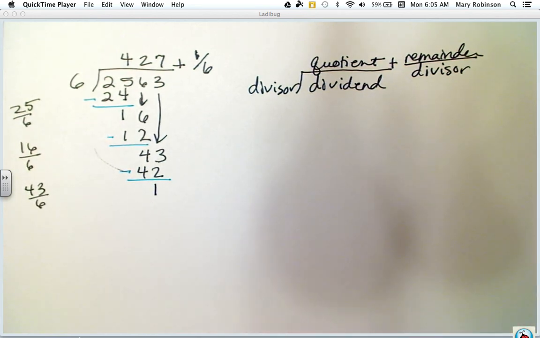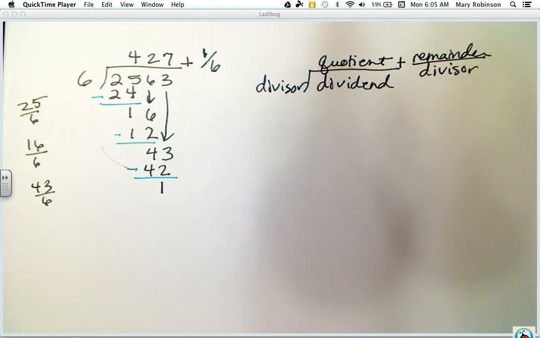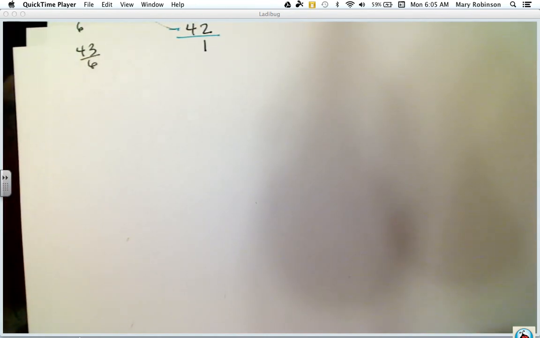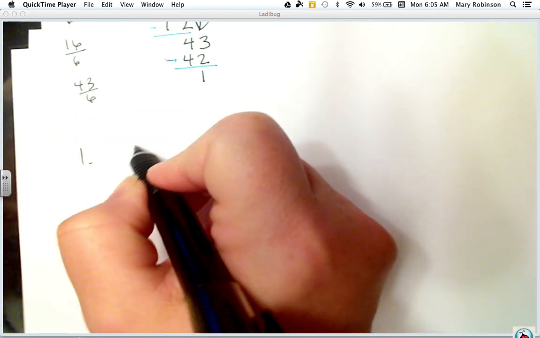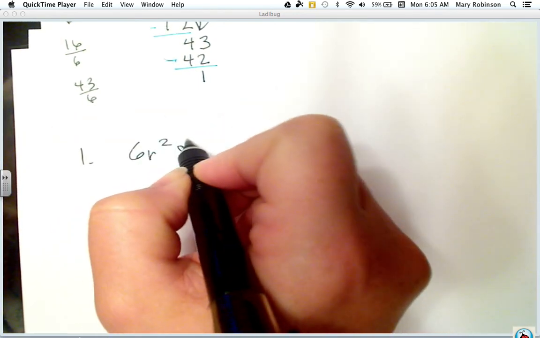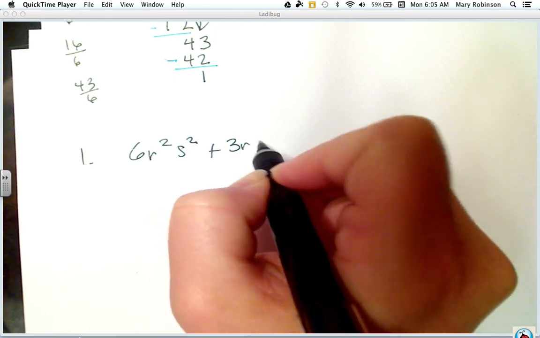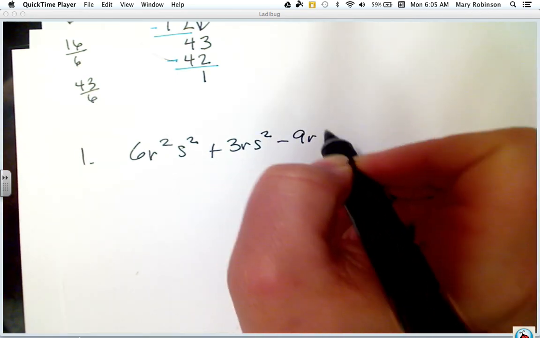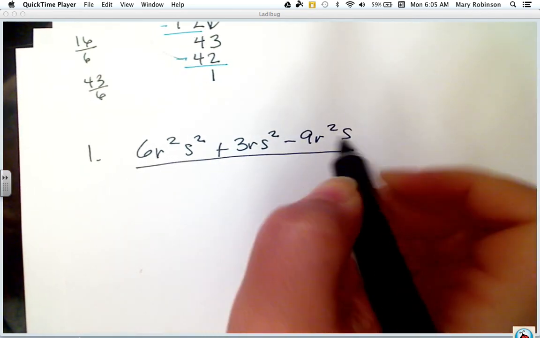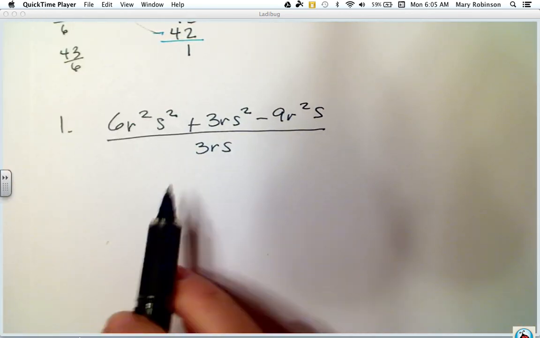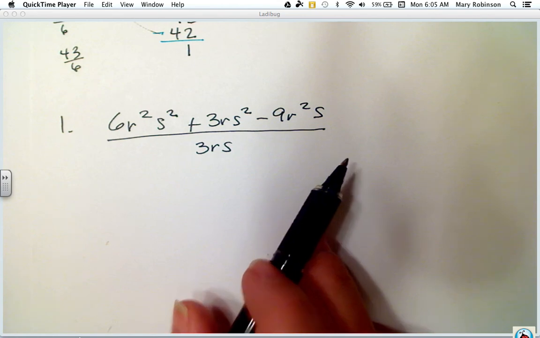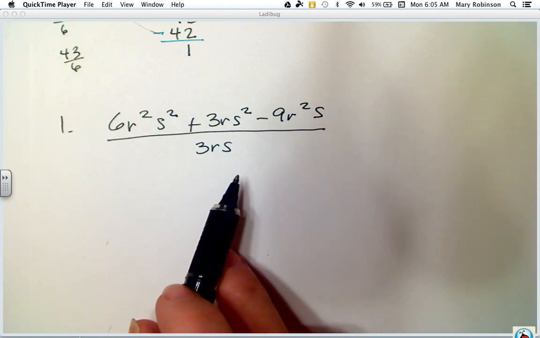So next what I'm going to do is do a quick review of how to divide by a monomial. So if we consider this following example, you can see that we have 3 terms in our numerator divided by 1 term in our denominator.